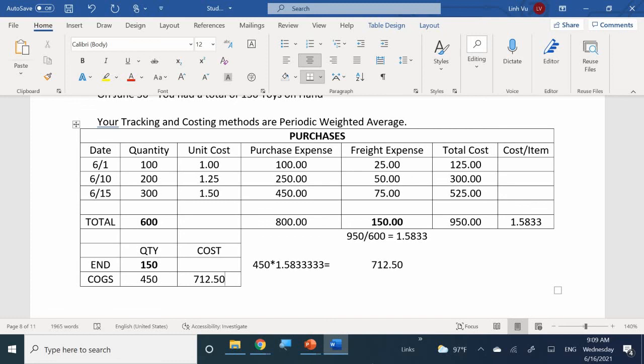So if I have a total cost of goods sold of $712.50, how much is going to be my ending inventory? $237.50. So let's take a look at our answers.